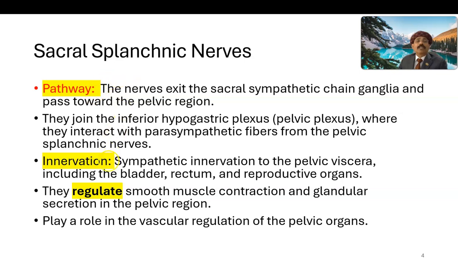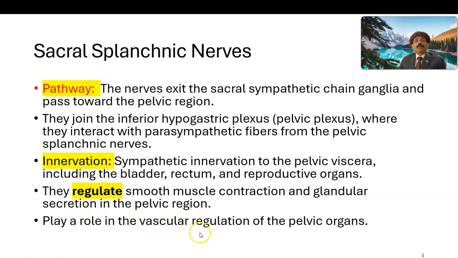Innervation by the sacral splanchnic nerve: sympathetic innervation to the pelvic viscera, including the bladder, rectum, and reproductive organs. They regulate smooth muscle contraction and glandular secretion in the pelvic region.